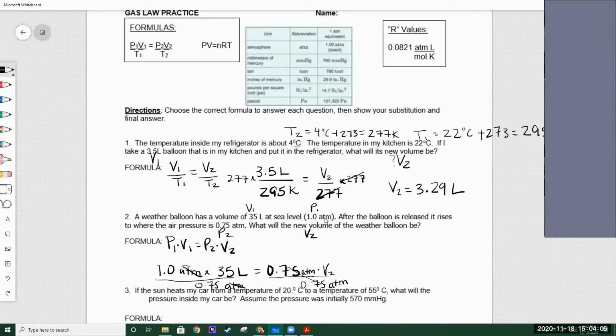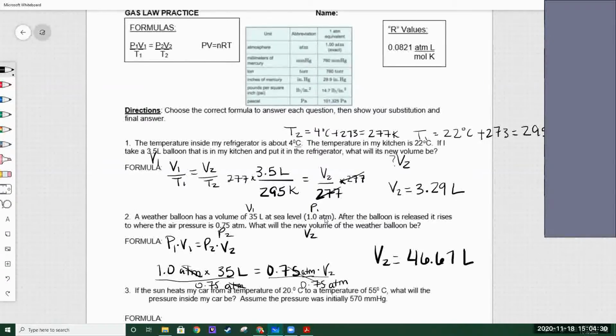Okay, so our V2 would end up being 46.67 liters.